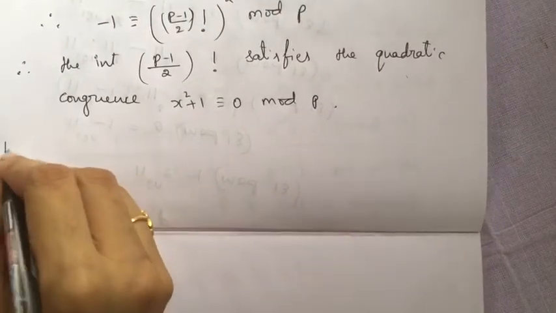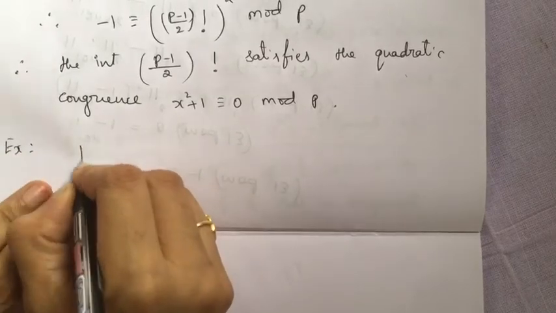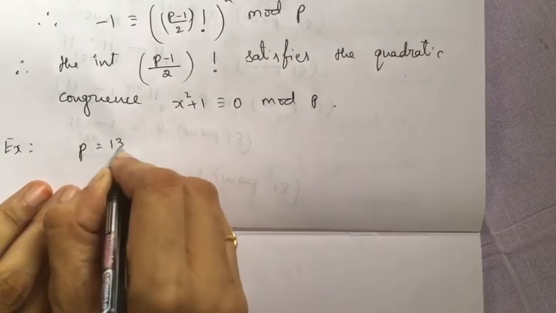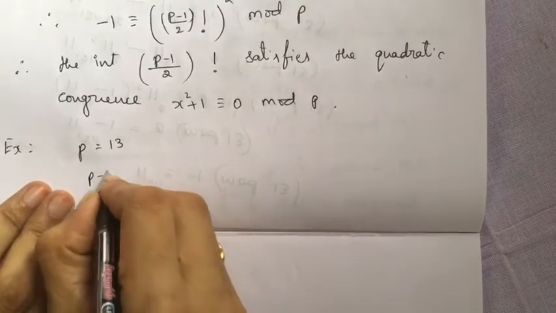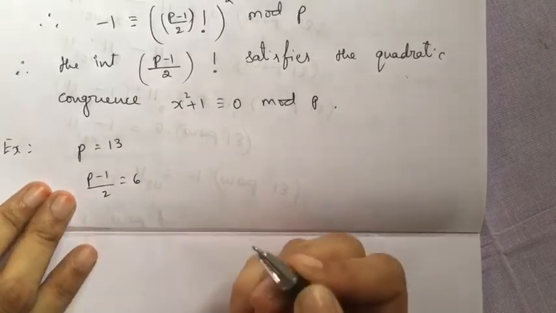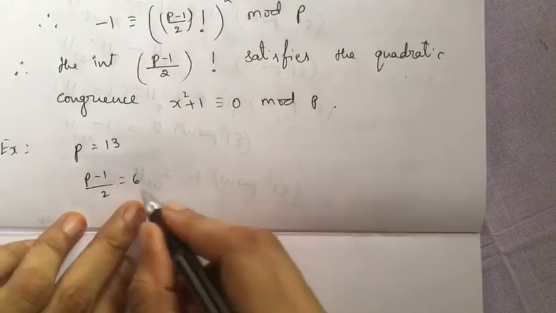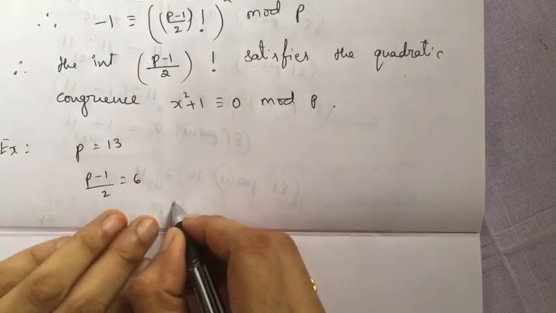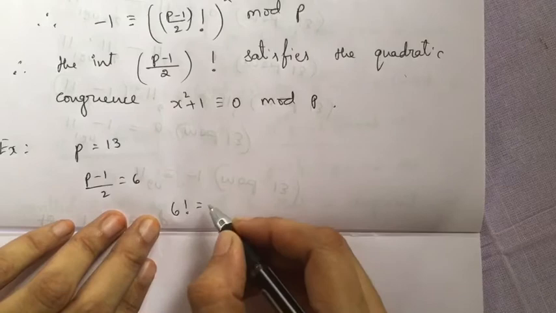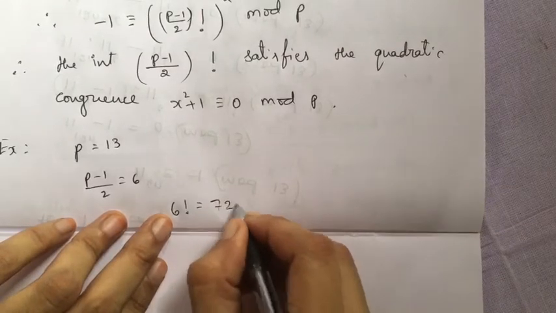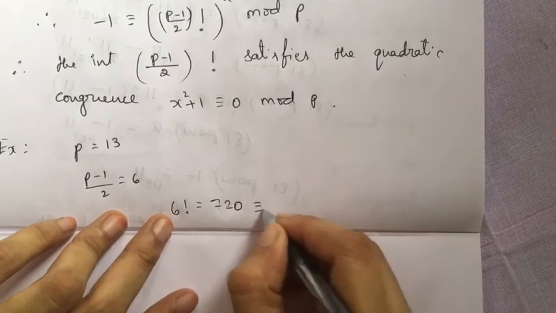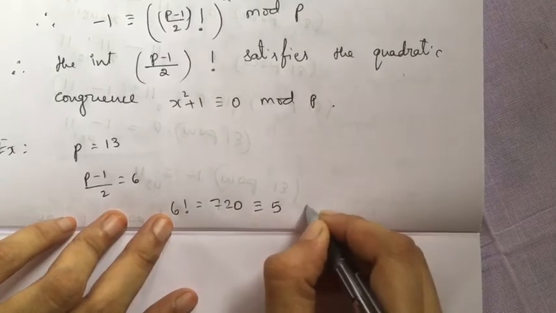Suppose you have the value of p as 13. Now (p minus 1) by 2 is 6. Now 6 factorial is 720, which is congruent to 5 mod 13.